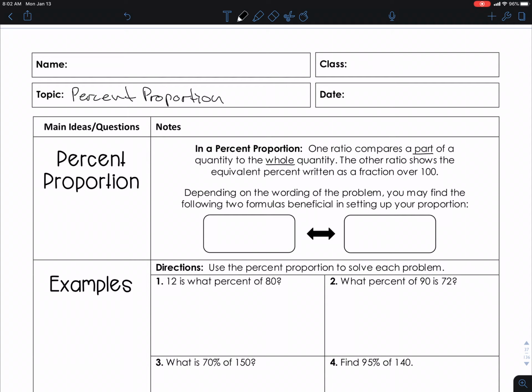Now, the way you set these up, it's really easy. Here's the simplest thing. Just do a bar, equal, another bar with a 100 on the lower right. Now, what we're going to do is say, some number is, that goes there, of this, whatever the whole is.